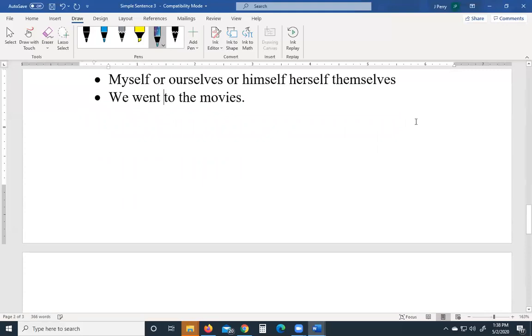Okay, so another one that would be an intransitive verb would be he drove to the store. He drove what? Yeah, it could be his car. It could also be he drove himself. Okay.